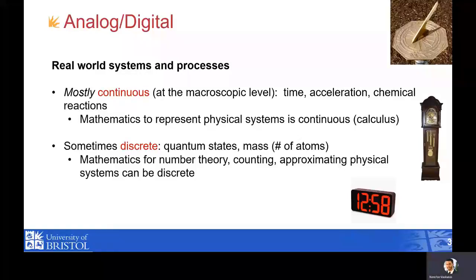But then sometimes, instead of a continuous notion, we have a discrete behavior like quantum states. And if you're not familiar with that, think of when we count mass in terms of number of atoms. From mathematics, some other examples include number theory, counting, approximating physical systems, and all these are, in essence, discrete.